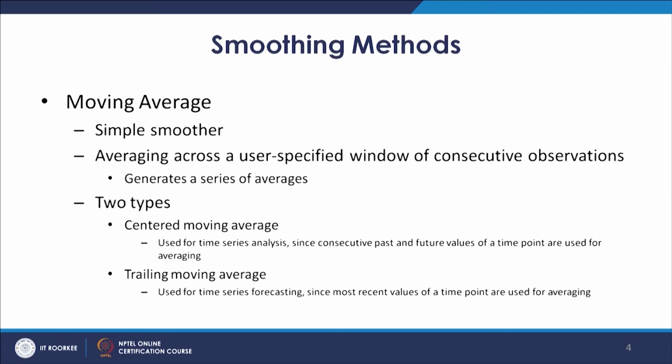This is the method which is actually used for time series forecasting, and in this case we use the most recent values. If we are at time point t, then we look at the most recent values at t minus 1, t minus 2, t minus 3 and so on, and these most recent values are then taken for averaging.